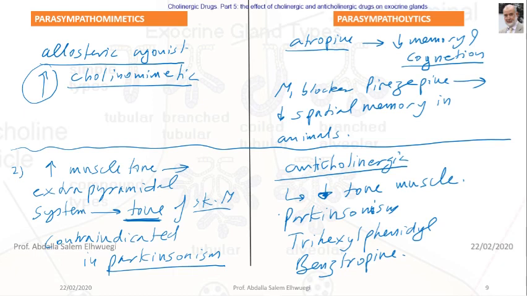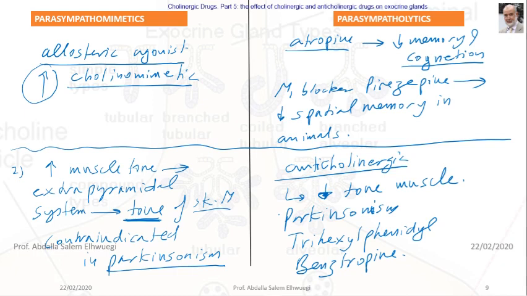What they do, they block the acetylcholine muscarinic receptors in substantia nigra, therefore they inhibit the muscle tone and help in the treatment of Parkinsonism. Okay? So these are the central applications of cholinomimetics and cholinolytics.